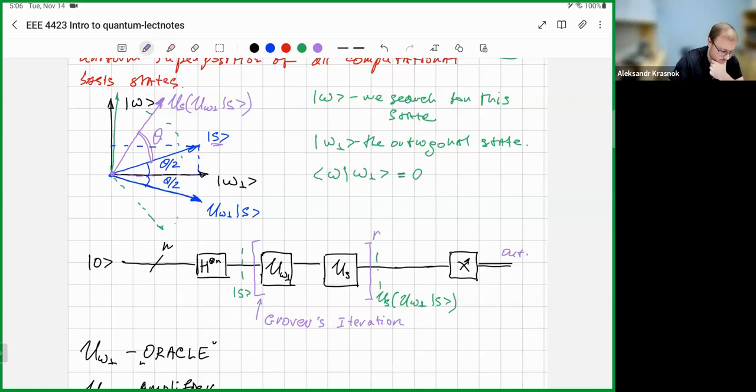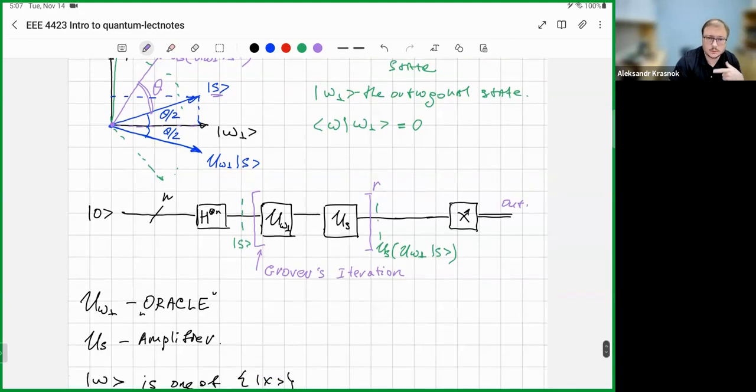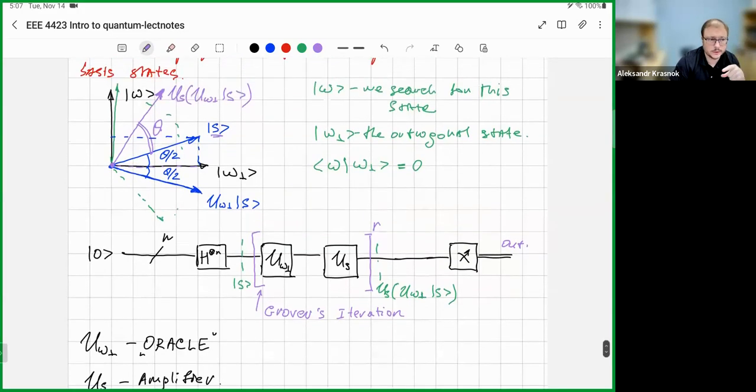This omega state is the state we're searching for, and we form the orthogonal state to the state omega, and first rotate the superposition state over this orthogonal state, and then once again rotate this resulting state over the vector S. This operation applied several times rotates this resulting vector closer and closer to the state we are searching for.